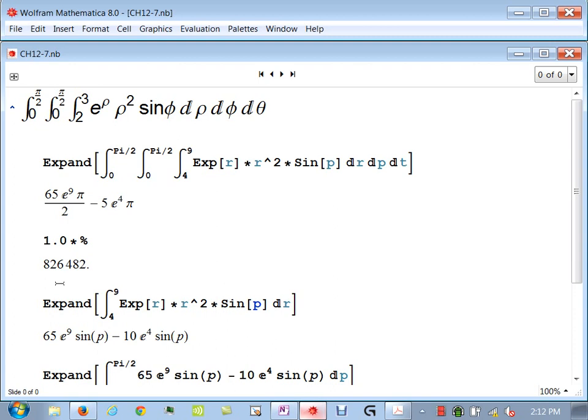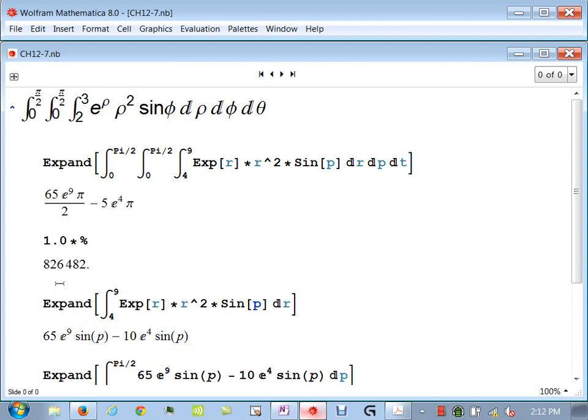Is that the volume of that solid? Well, did we integrate 1? No, we didn't. We integrated e to the rho. So you have to be careful that the solid is what we're integrating over. Because we're integrating some function, this number really represents, well, we don't really know, because it depends on whether we've associated this function with some physical quantity.